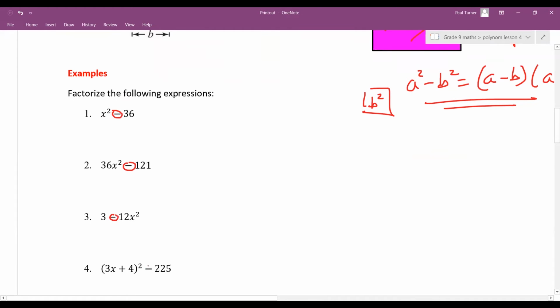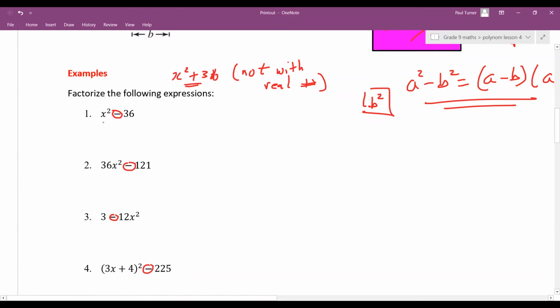If it's x squared plus 36, we can't do this with this formula, and not with real numbers. We can do it, but not in grade 9. Okay, we don't need to worry about doing this now. Okay, so you've got x squared minus 36.